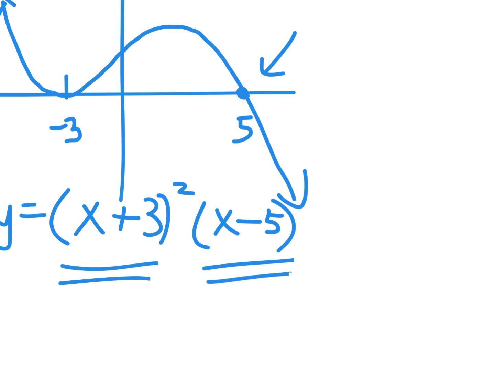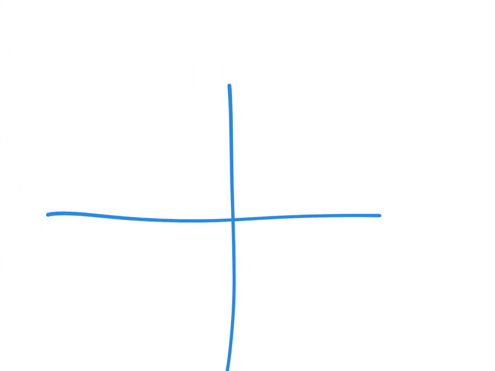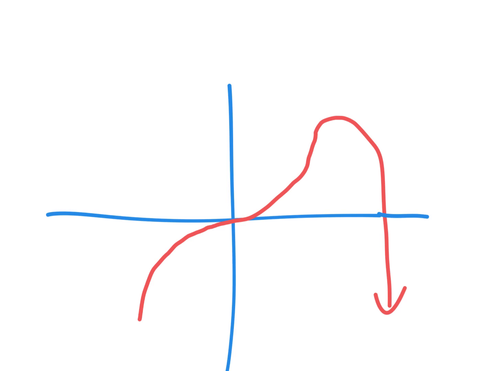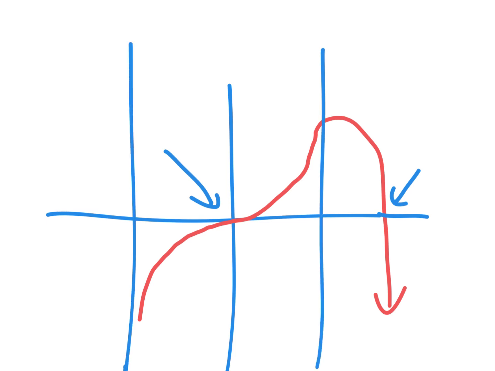Was there any other kind besides a bounce and a pass through? Yes. This kind. This is just a pass through, but that one is special. It's a degree 3, because look at just this part of the graph. That's y equals x to the third.